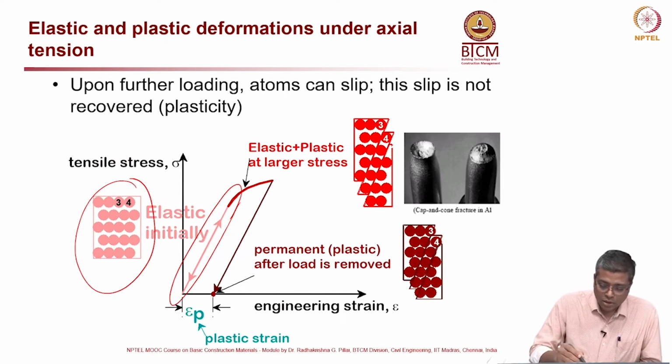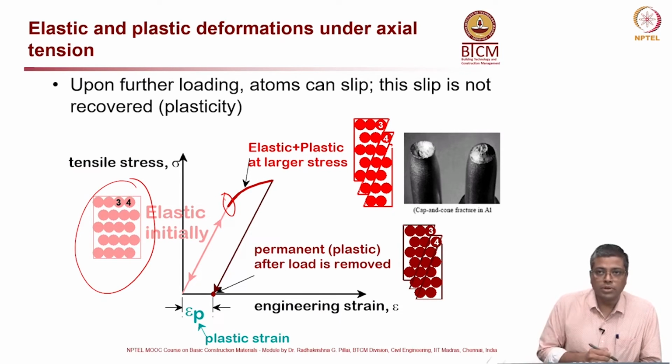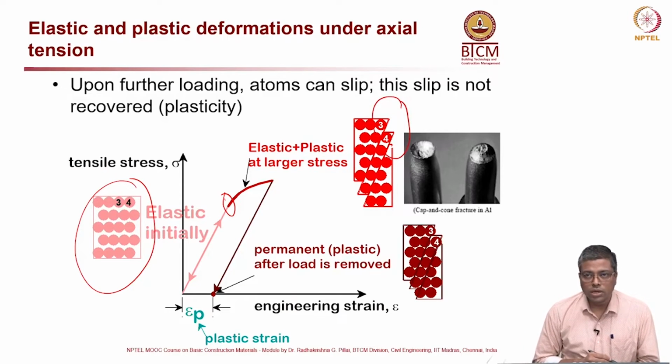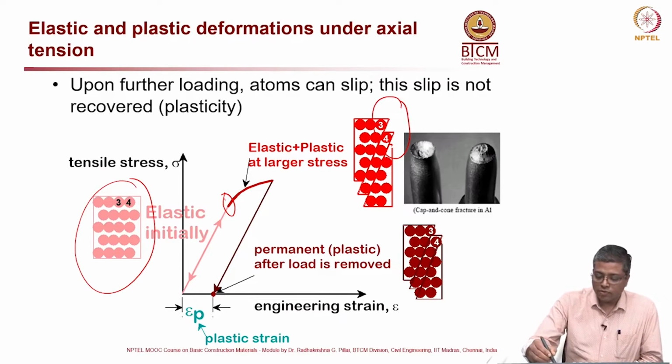After this point, when more and more load is applied, stress is increasing, and some slip happens. You can see here that 4 has slipped down to the lower layer. This behavior is slipping.